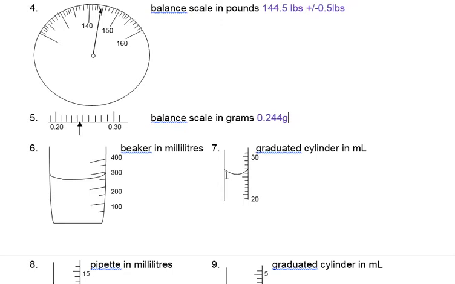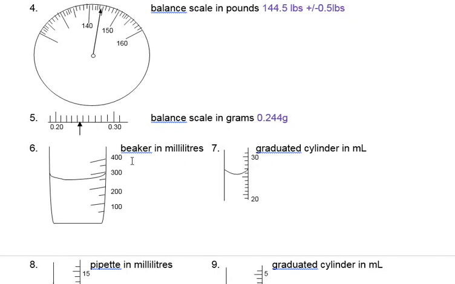Whenever we have a liquid in a container, there's some forces of tension between the liquid and the container, which causes this curve to happen. So the surface tension causes a curve. When these devices are made, they're measured so that the markings on them go to the bottom of that curve.